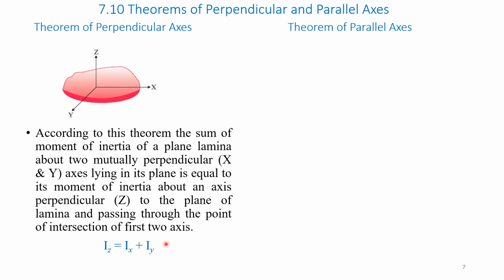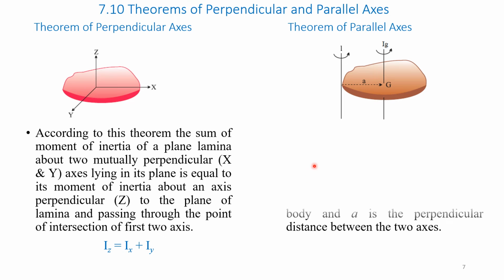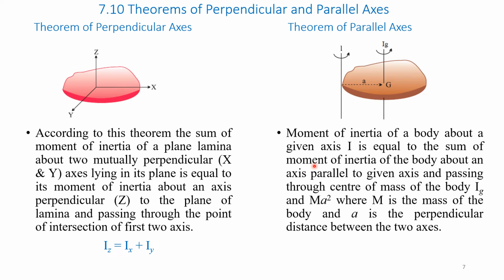Next we will take up the theorem of parallel axis. According to this theorem, the moment of inertia of a body about a given axis I is equal to the sum of the moment of inertia of the body about an axis parallel to the given axis and passing through the center of mass of the body, Ig, and Ma square, where M is the mass of the body and a is the perpendicular distance between the two axes.